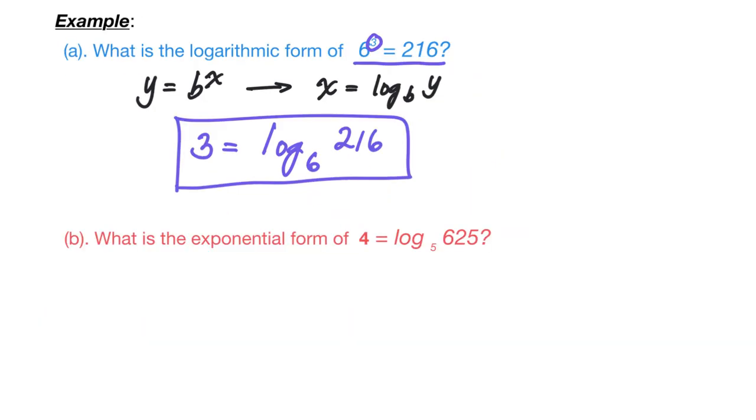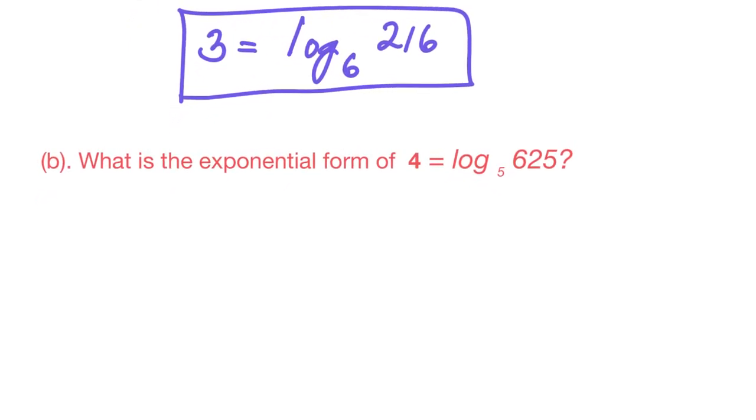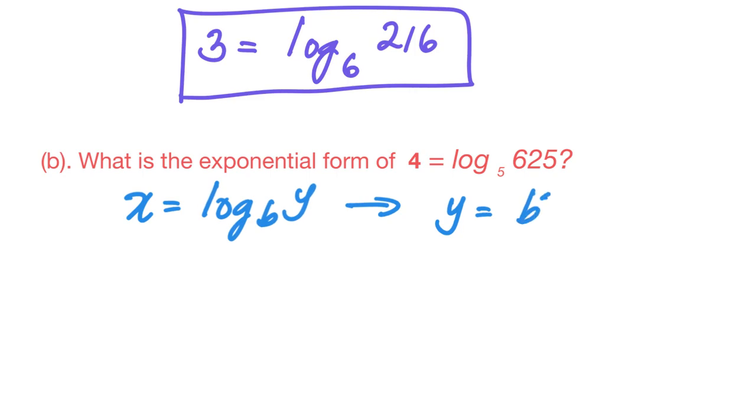Letter B. What is the exponential form of 4 equals logarithm base 5 of 625? Now, it's very obvious that this is in its logarithmic form. It's x is equal to log base b of y, and we are asked to change it into its exponential form, which is y is equal to b raised to x.